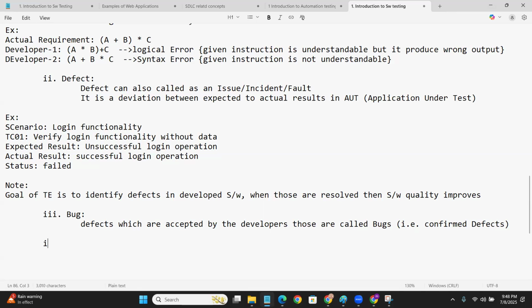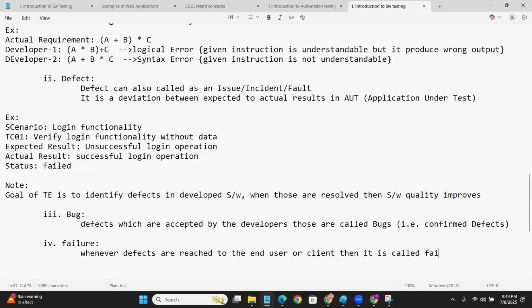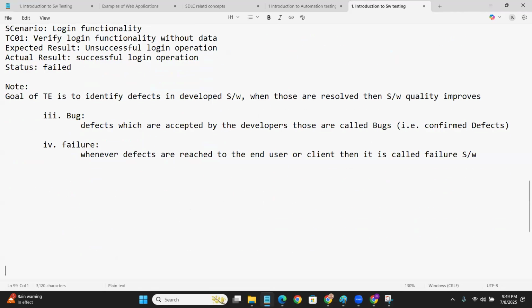Next thing, failure. Sir, what is failure? Whenever defects reach the end user or a client, then it is called failure of the software.